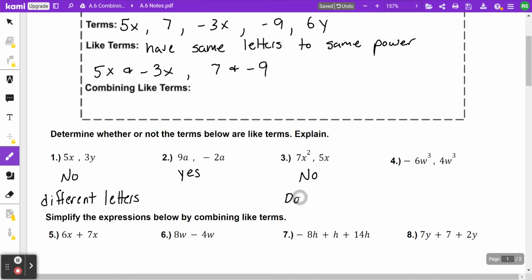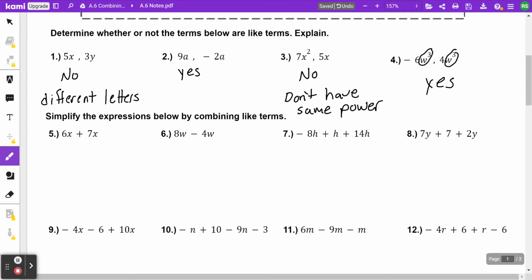So they don't have the same power. Okay, and then for number 4, negative 6w cubed and 4w cubed, they are both w to the third power. Those are like terms.